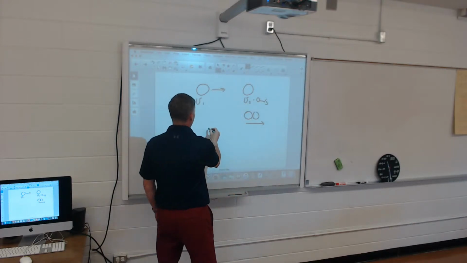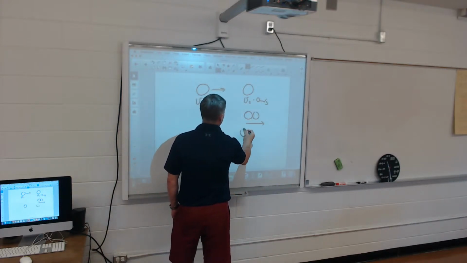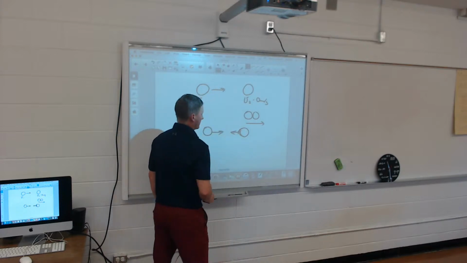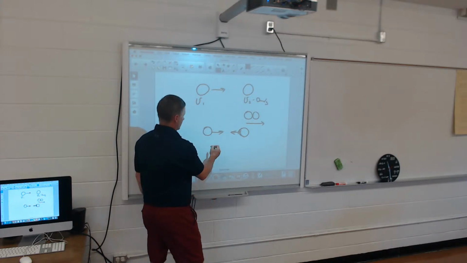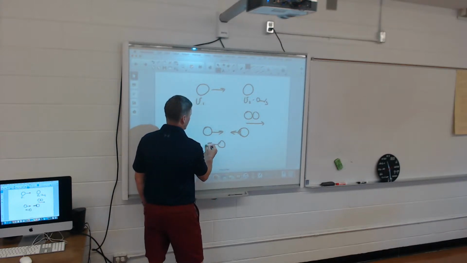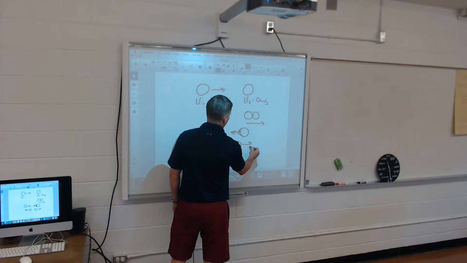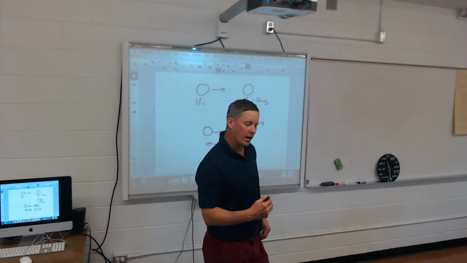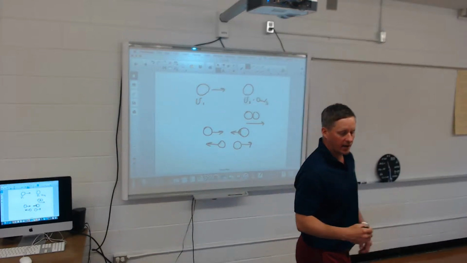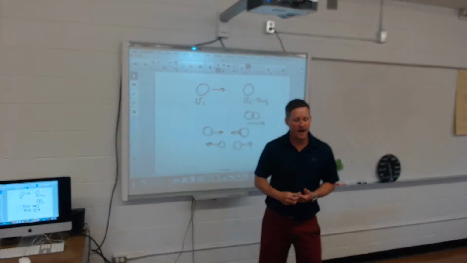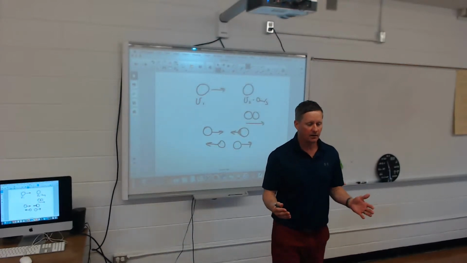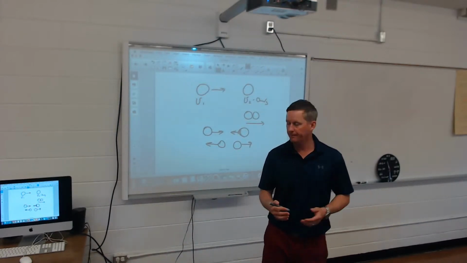A second scenario is 2 objects coming together and colliding, and after they hit, this one might go this way, this one might go that way. All we are going to do is learn how to calculate what happens when objects come together and share momentum.